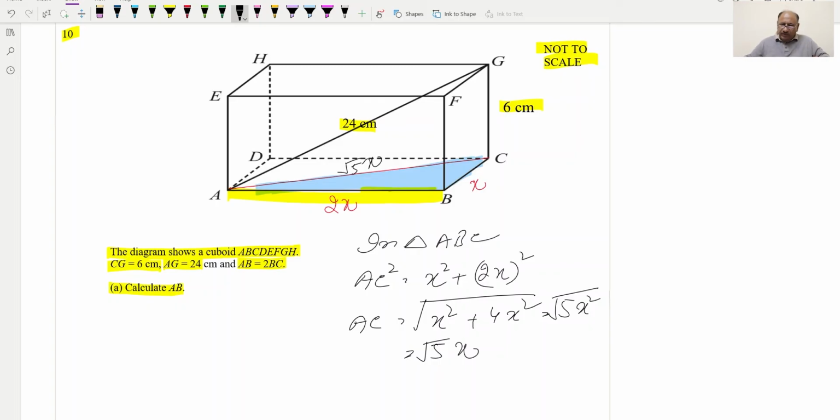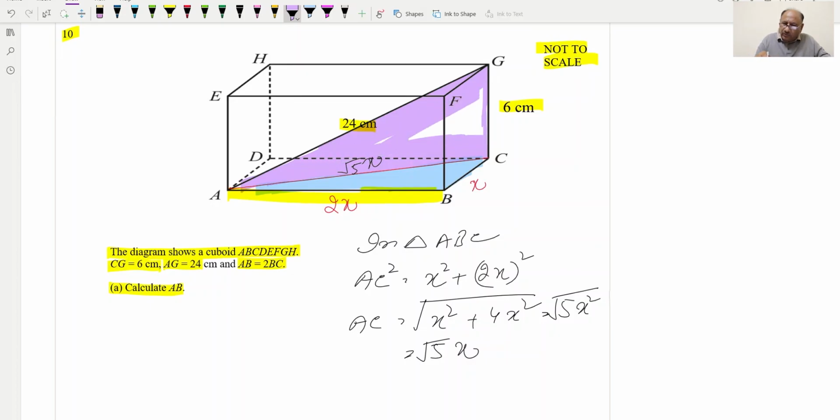Now after finding the AC length, we can apply the Pythagoras theorem on this triangle, which is also a right angle triangle.